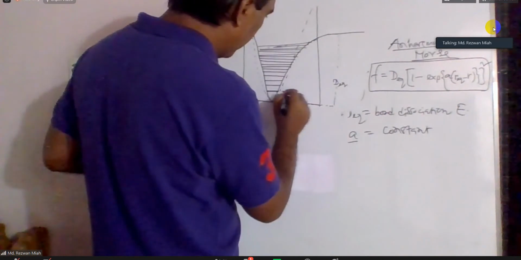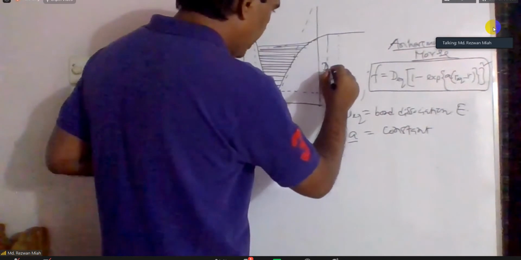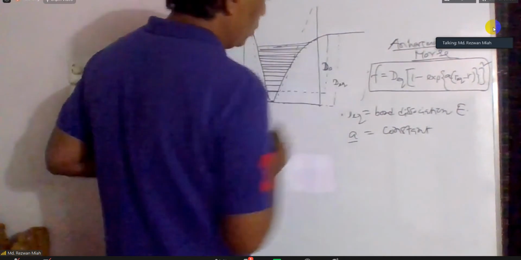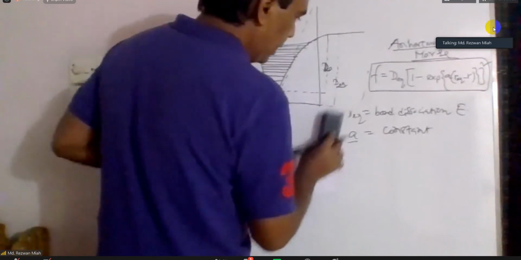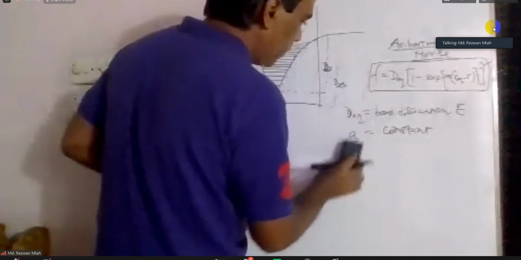So this is the exact bond dissociation energy, which is called D naught. From the zero level to the top is known as the bond dissociation energy, and this is the equilibrium bond dissociation energy. Two types of energy there.